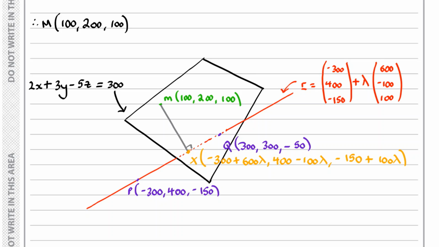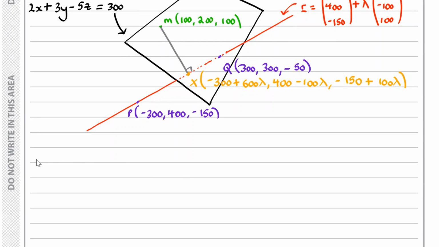So let's write this down. If X is a general point on the line, then we can find what MX is. MX is equal to OX minus OM.